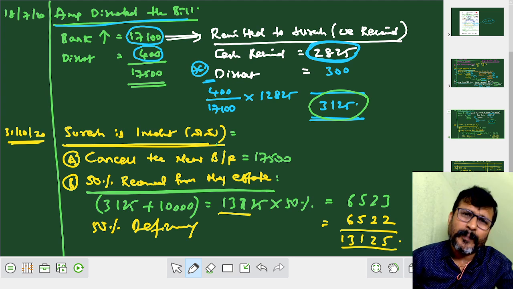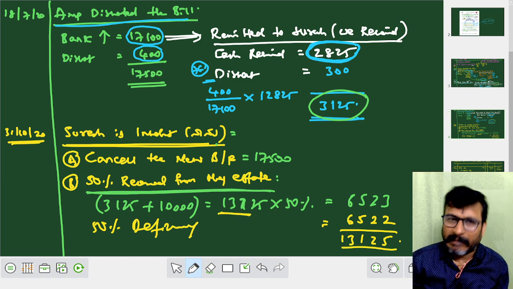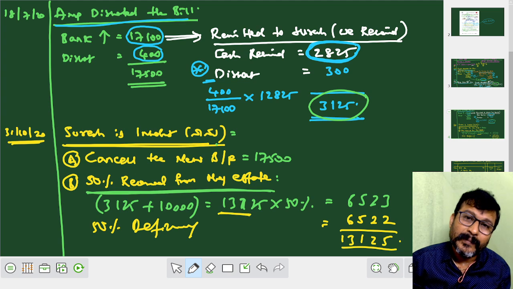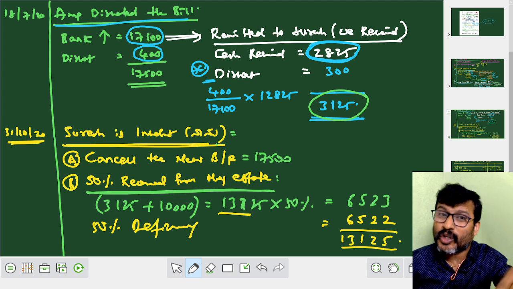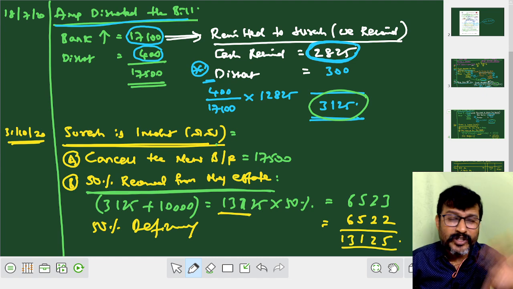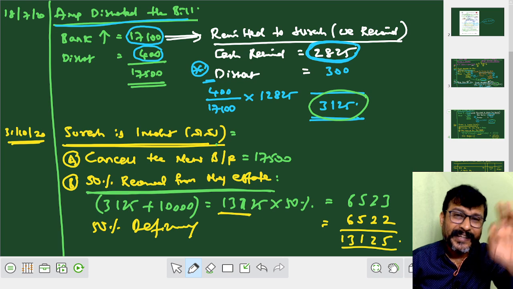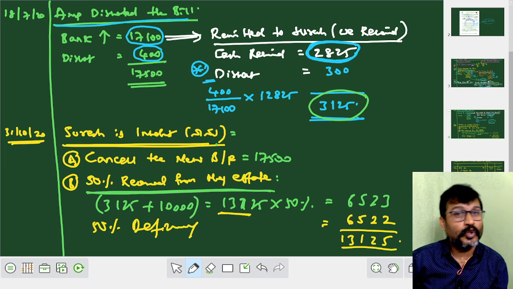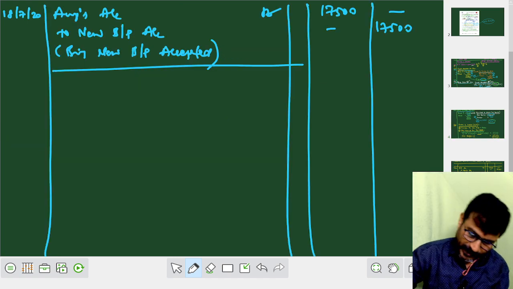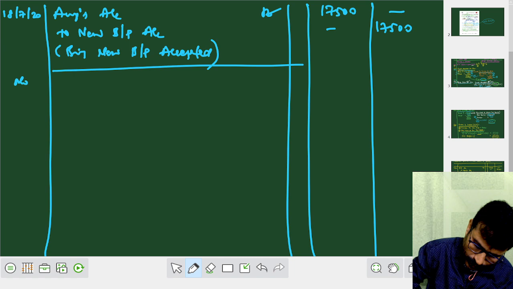Your friend got married, what happened to you? Nothing to us. Because who discounted the bill, he will receive the money. Here Suresh is not going to receive any money. Here Anup is receiving the money after discounting the bill. So no entry for Suresh. Let me write. I give one note.